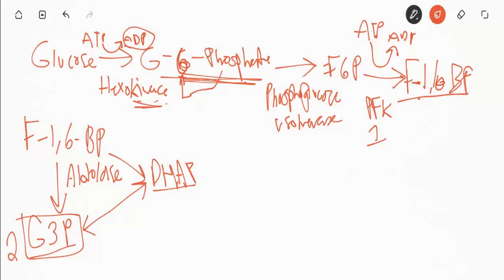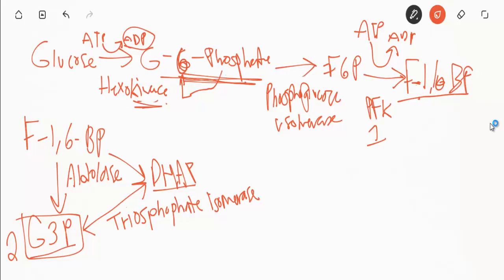And to get from the DHAP to the G3P, it's going to be an enzyme called triose phosphate isomerase. Okay?